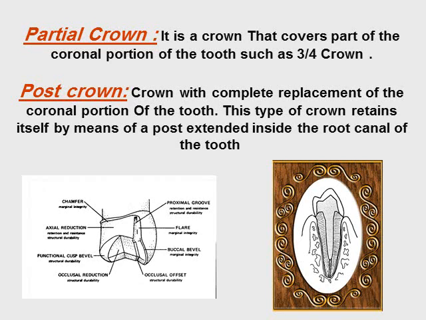So we must do another type of crown by making use of the root canal space, and we are going to extend part of the crown in the canal to retain it in place. This type of crown, we call it a post crown.